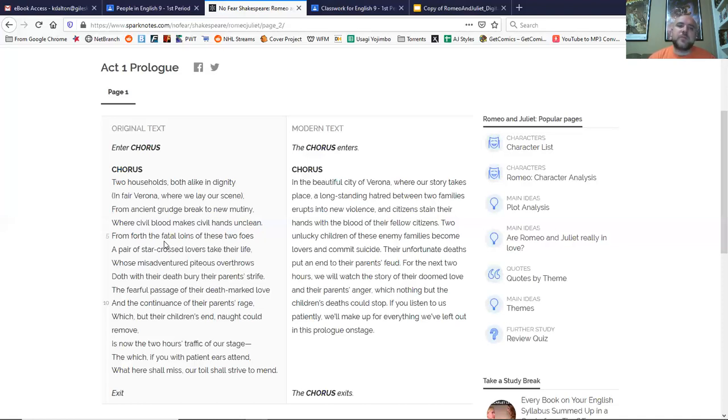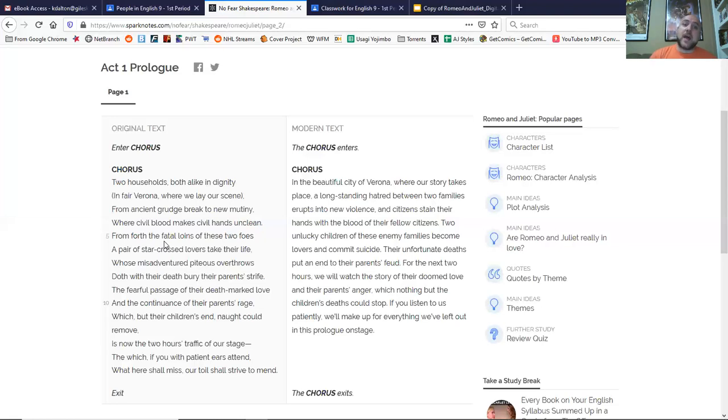Whose misadventured piteous overthrows doth with their death bury their parents' strife. So it tells us right there that because of the trouble that these two go through, and because of their deaths, it's going to bring about the end of their parents' feud. So they will join the houses. They will make certain that there's no feuding in the houses.